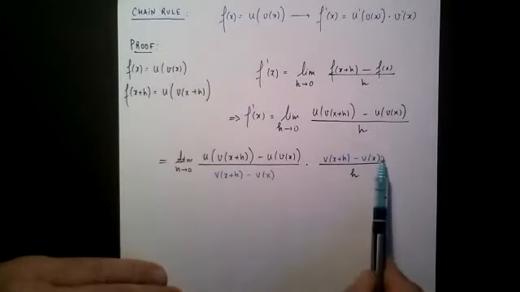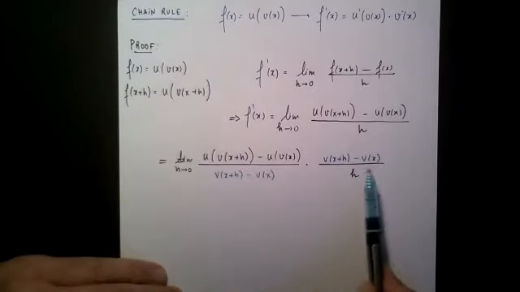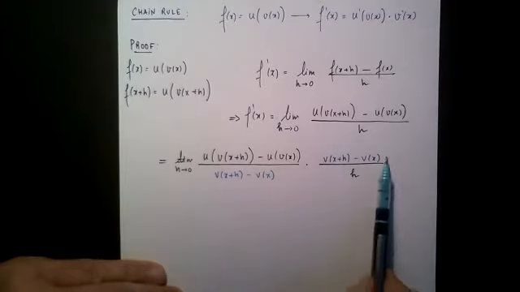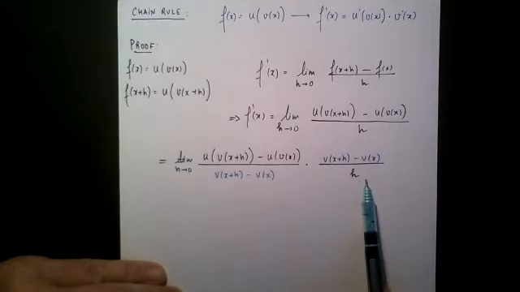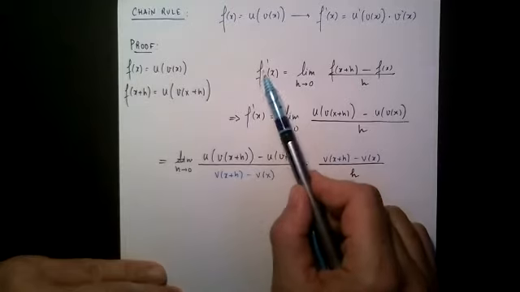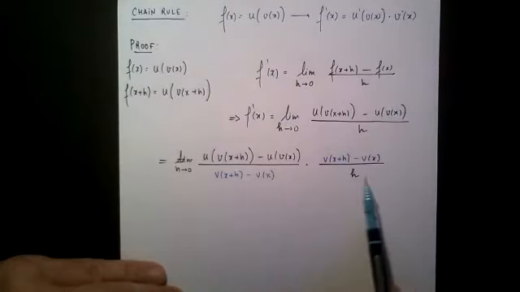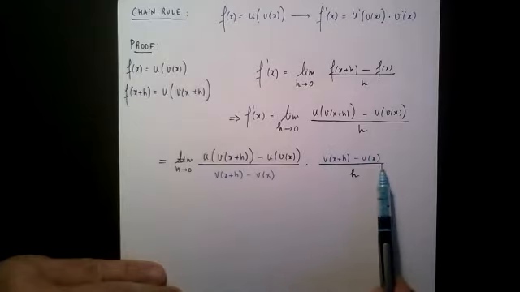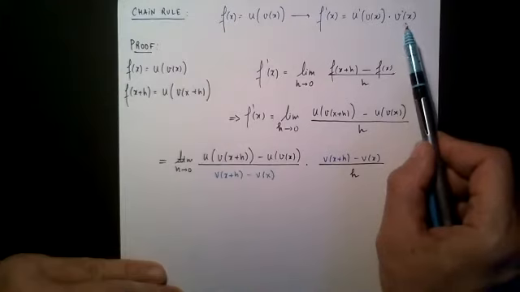Now why did I decide to multiply and divide by this specifically? Because I noticed that this here looks pretty much like v prime of x, by the definition. Imagine if this was v prime of x, this would be v of x plus h minus v of x over h. That's what I have here. So I'm slowly approaching what I'm aiming for.